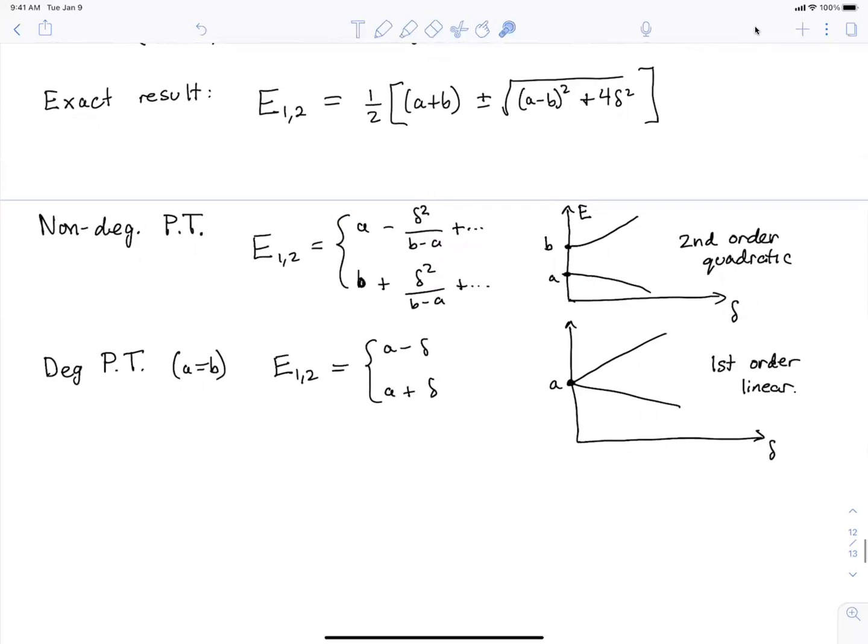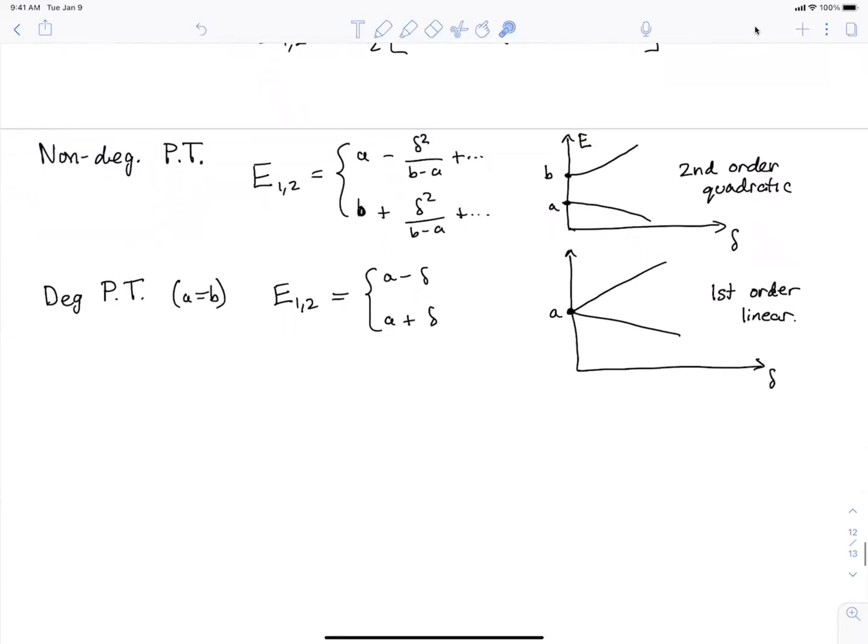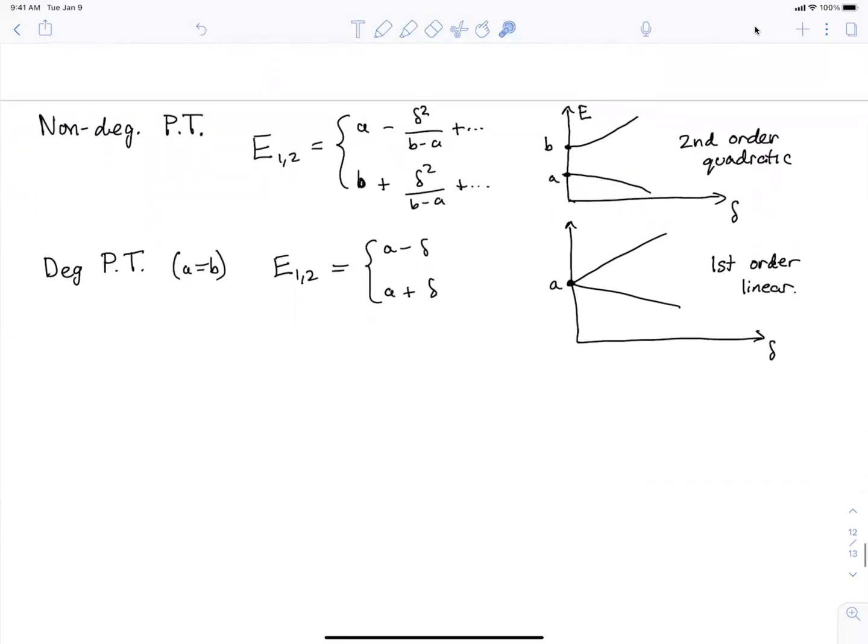For homework, you are going to get to do the Stark effect at the n equals 3 level, and that's once again going to be degenerate perturbation theory, which you should be happy about because degenerate perturbation theory is actually easier than non-degenerate. One of the reasons it's easier is because you are only doing first order to see the effect. If it had been at second order, then you'd be having to do a more complicated formula. So you got to do the n equals 3 Stark effect for homework. That's due a week from yesterday, I guess.